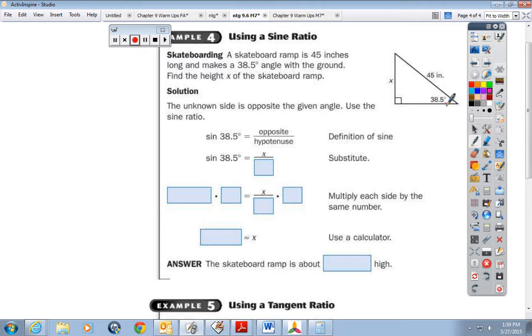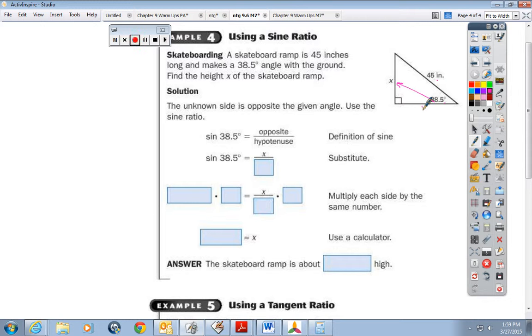The adjacent or the opposite? The opposite. So flip back to that first page. Which ratio has the opposite and the hypotenuse in it? The sine. So I'm going to set it up the same way that I set up that other one. Okay? So the sine of 38.5 equals the opposite, which is x, over 45.